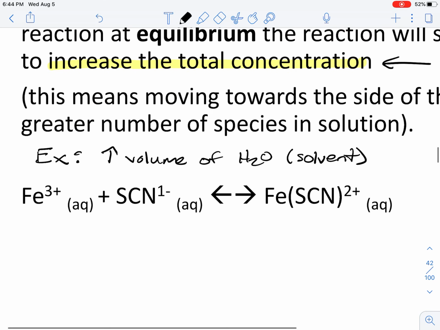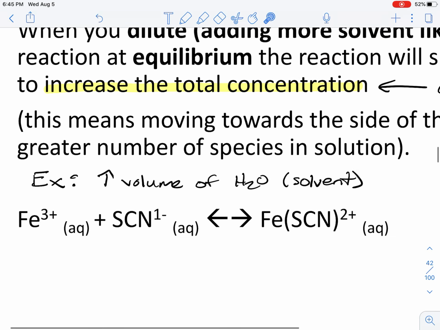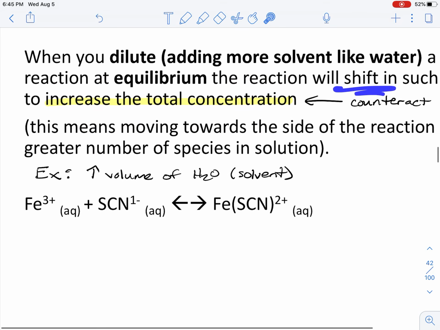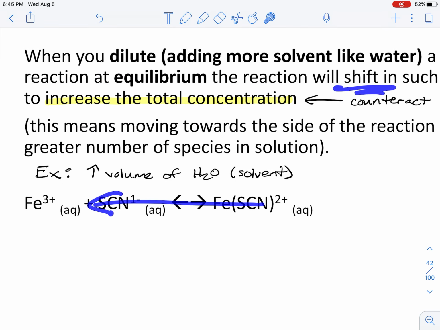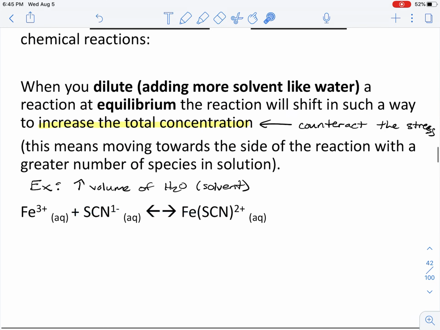Let me zoom in. The chemical system will shift in the direction of more substances, thereby increasing the total concentration of the system.